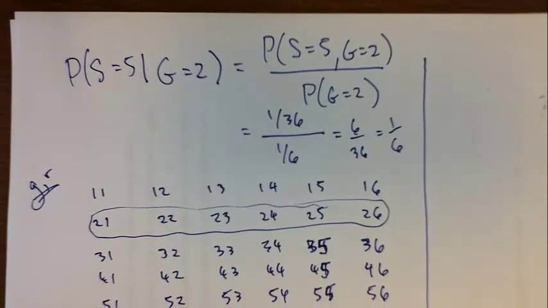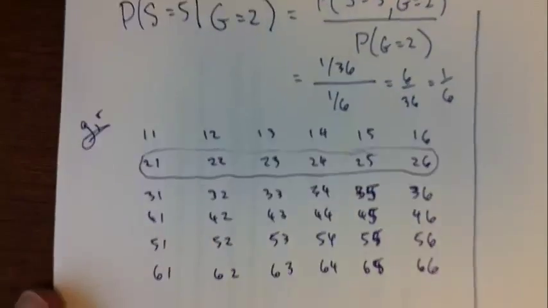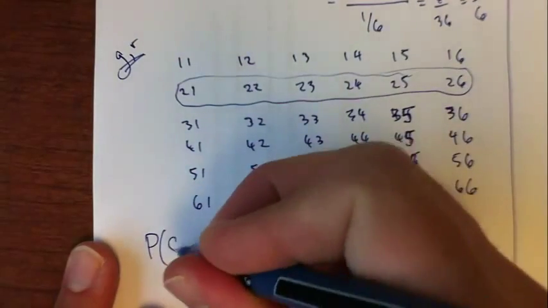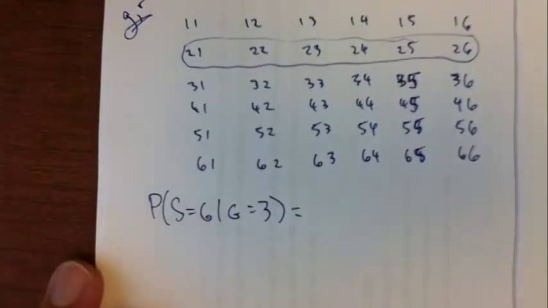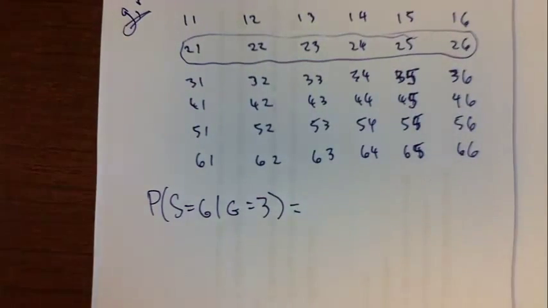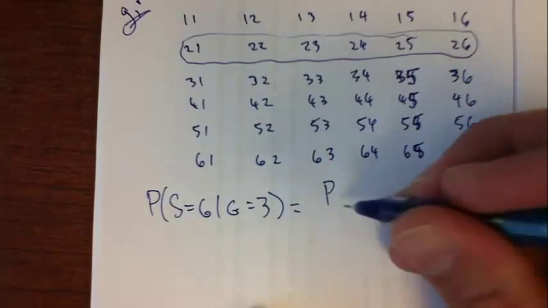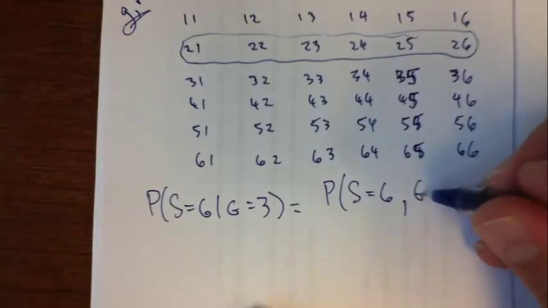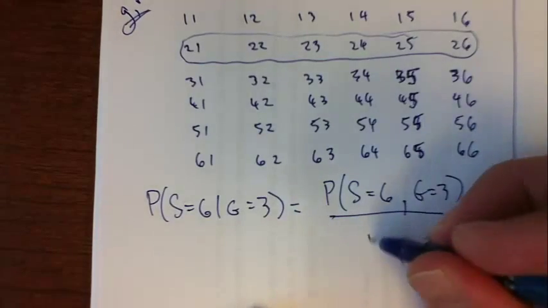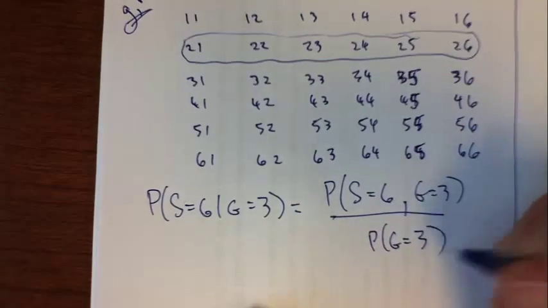Let's try another one. What about the chance that the sum is 6 given the green is 3? And by the way, as I do these, feel free to stop the video, work it out on your own, and then make sure I got it right. Okay, so it should be the probability that the sum is 6 and green is 3 divided by the chance that the green is 3.